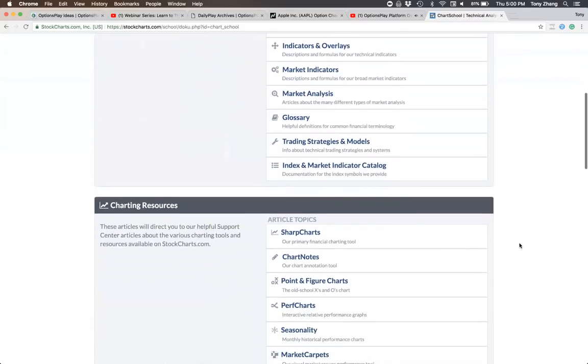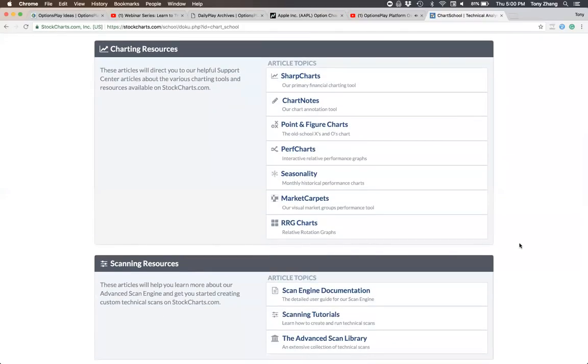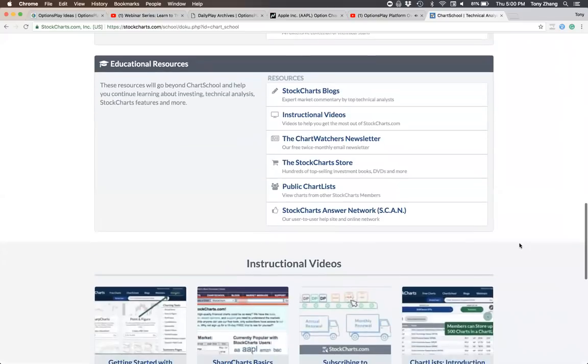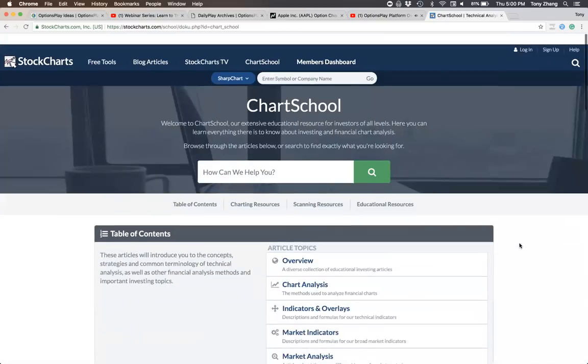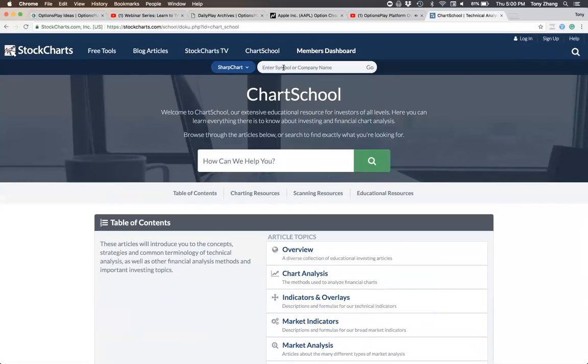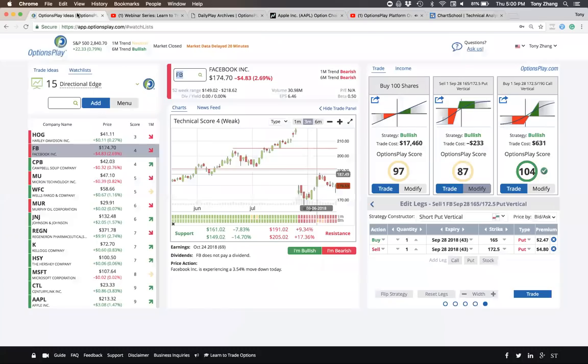It covers all different forms of technical analysis, different forms of charting, different indicators you can use, and they provide you with the actual charting software afterwards. So if you want to learn more about some of those, I highly recommend you look at stockcharts.com.